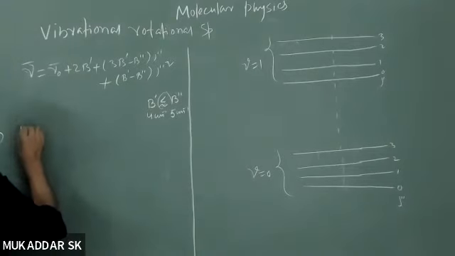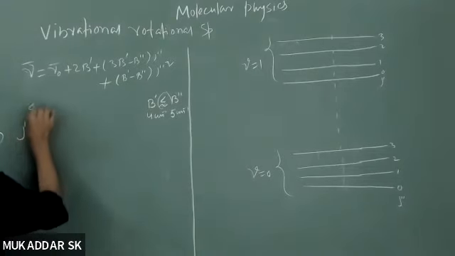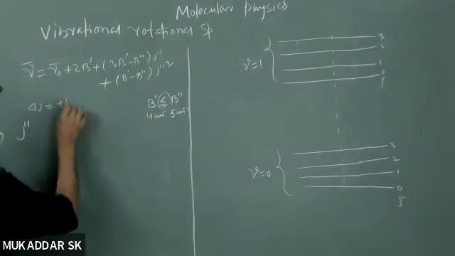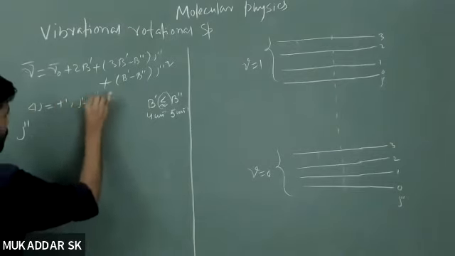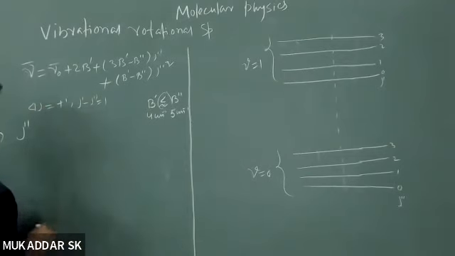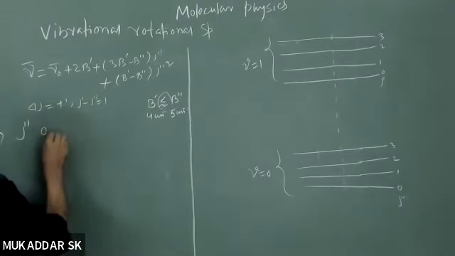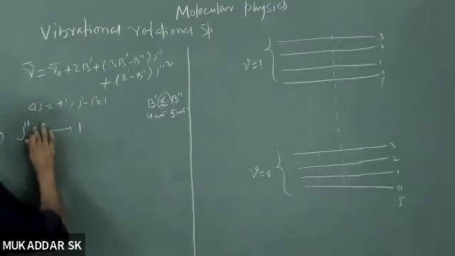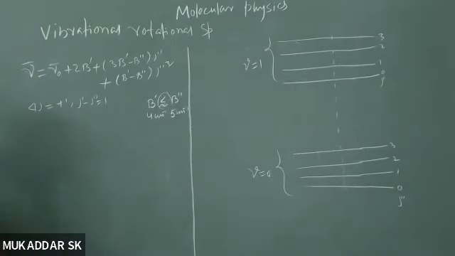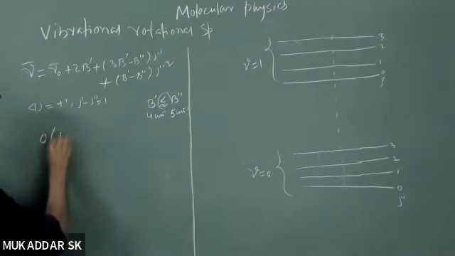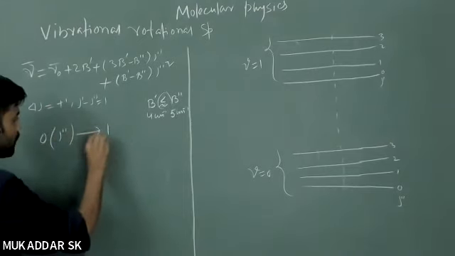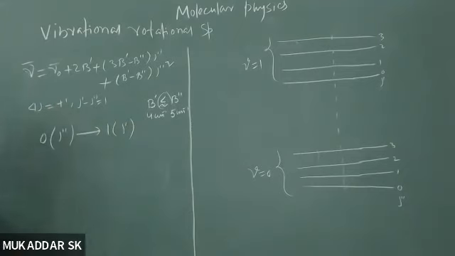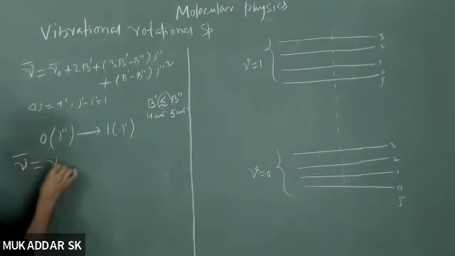The first transition: you have taken the selection rule ΔJ = +1, and ΔJ is J' minus J'', which equals +1. So the first transition will happen from J'' = 0 to J' = 1. Now can you tell me what the wave number corresponding to this will be? ν̄0.